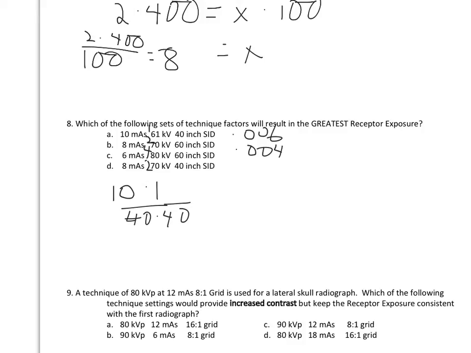C is going to be 6 times 4 divided by 60 divided by 60, and that gives you 0.006. And then D is going to be 8 times 2 divided by 40, which gives you 0.01, which is the highest of these, and so D is the answer.